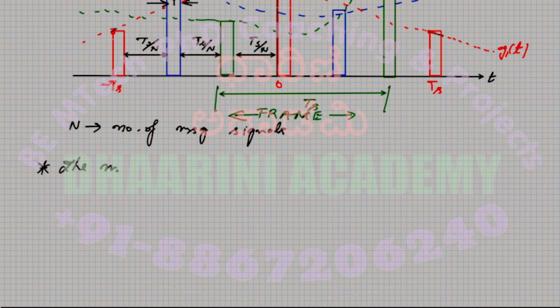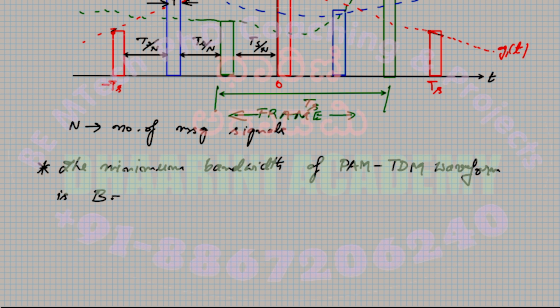The minimum bandwidth of a PAM based TDM waveform, that is B is equal to summation i varying from 1 to capital N of Wi.